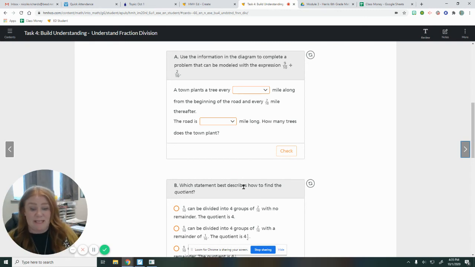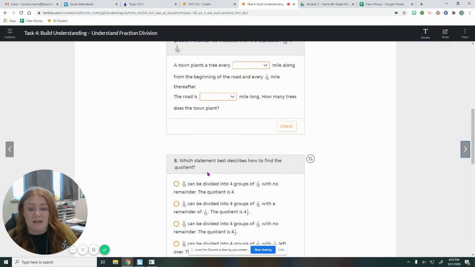So which statement best describes how to find the quotient? Quotients are the answer to a division problem. Look at our answer here, 2, 4, 6, 8, 10. Well, we don't have 10 things, so I can only make 4 groups. And 2 times 4 is 8.